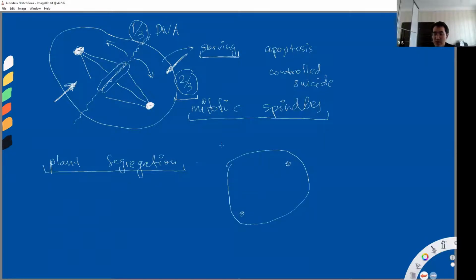In some cases, like in Down syndrome, for example, we have this segregation problem at the level of the zygote, or even before that. So whenever we have spermatozoa or oocytes, during the development we might have these segregation problems, and this will lead to an additional chromosome in one part.